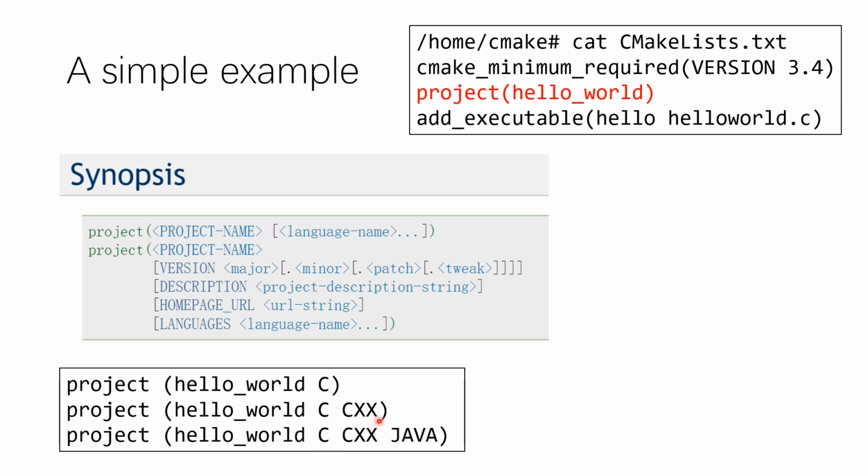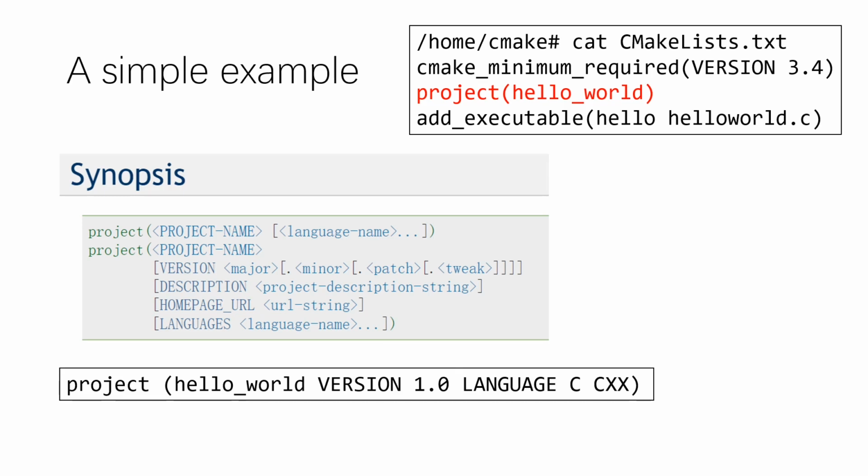CXX means C++, and Java is Java. So here it actually specifies which compilers we used in the process. So if I have a C++ source file, I can only use the second and the third command, but I cannot use the first command because it doesn't involve the compiler for C++.